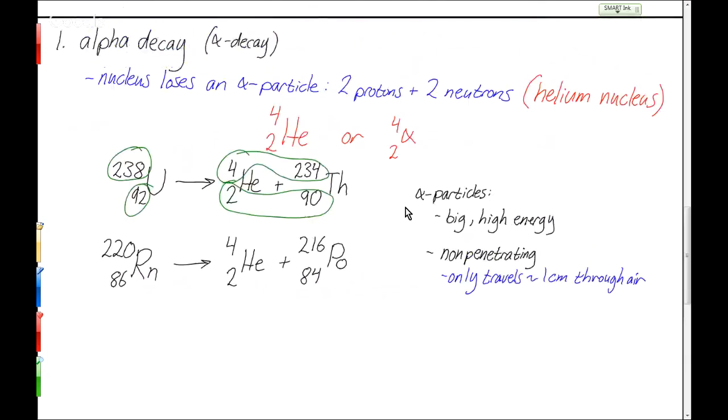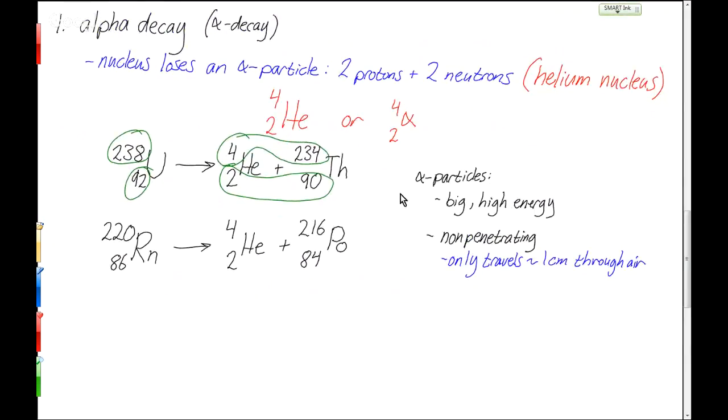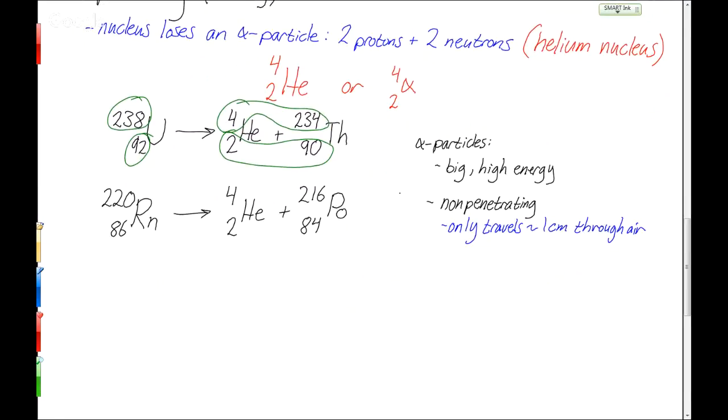So that's alpha decay. The next one is beta decay. Oh, I should write out the words here.